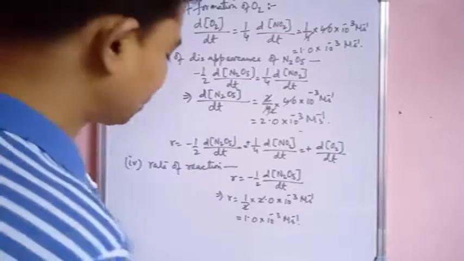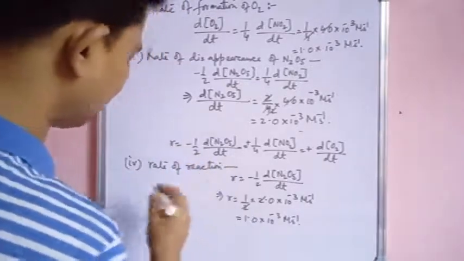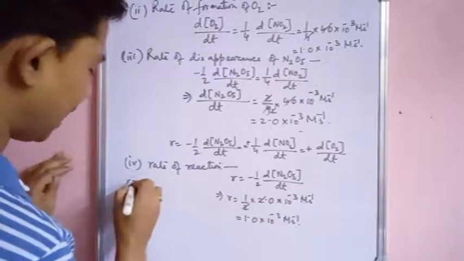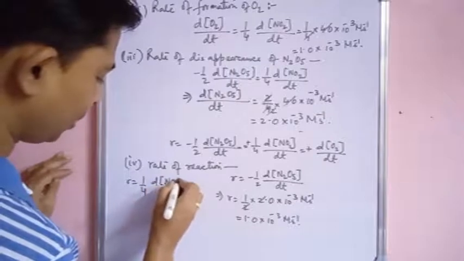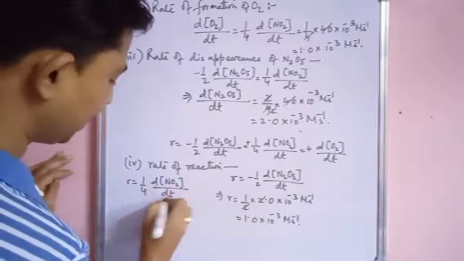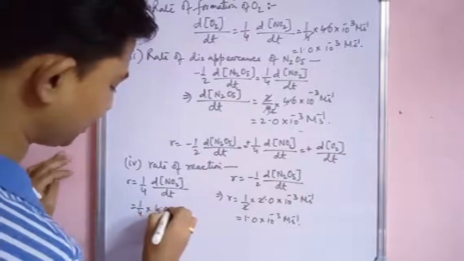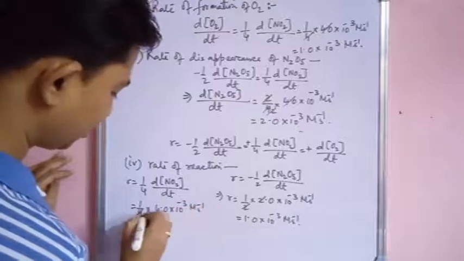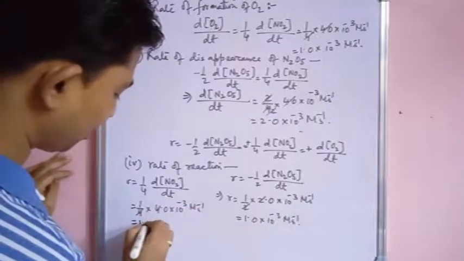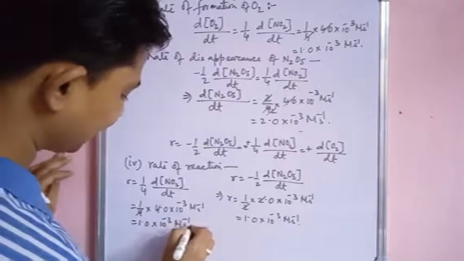Now if you say, sir, I will take this one, then let's see. r is equal to 1/4 dN2/dt, and dN2/dt, what do we have? 4 into 4.0 into 10 to the power -3 amp per second. So that also comes as 1.0 into 10 to the power -3 amp per second.